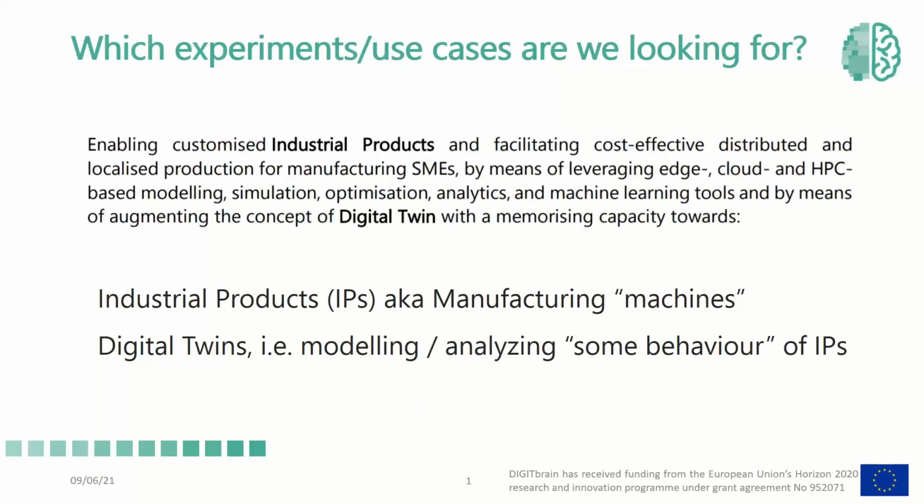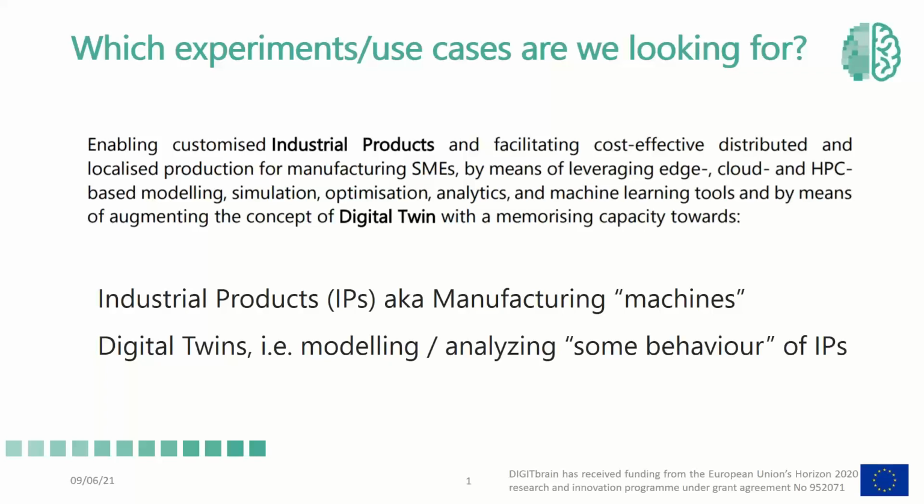Okay, so I'd like to emphasize some points that have already been mentioned. DigitBrain is a project around industrial products. Industrial products may not be a very well-established term. You can use it as a kind of synonym for manufacturing machines, single ones or lines of manufacturing machines, as you will see in the example given by Dario after my presentation.